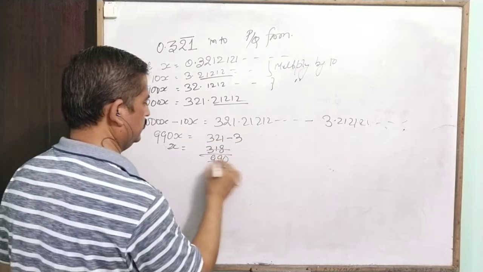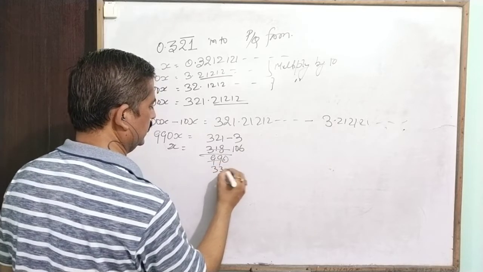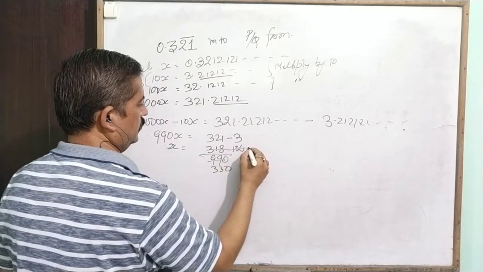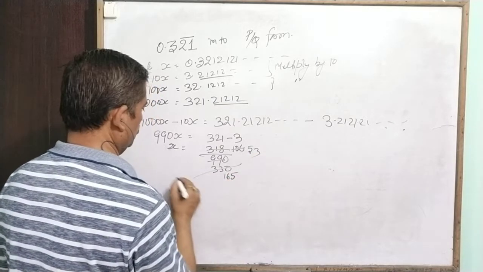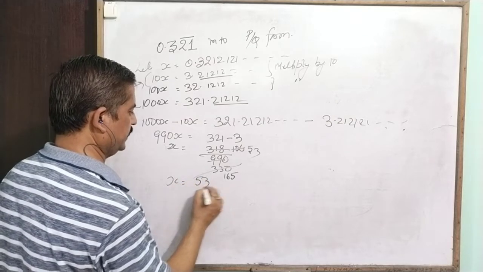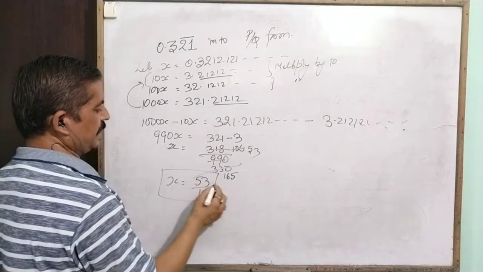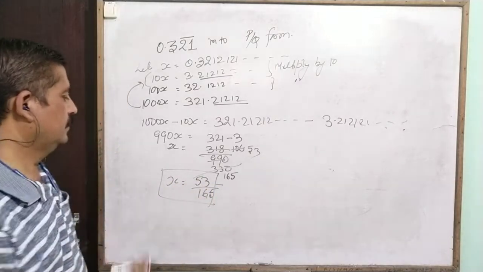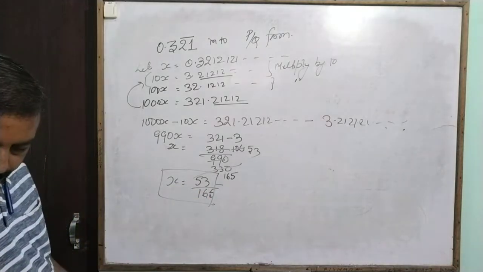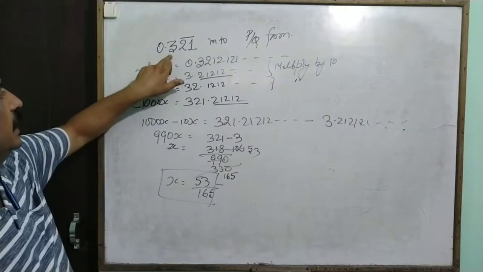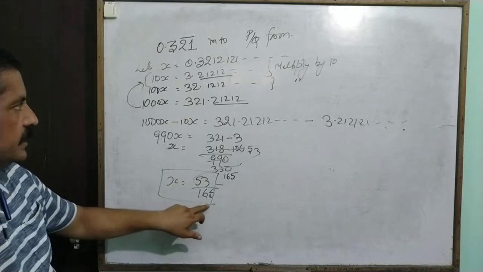You just divide it: 3 ones are 3, 0, 6, 3, 3, 0, 53, 1, 6, 5. So x is equal to 53 divided by 165. Means the fraction is 53 by 165, so the value of 0.321 equals 53 divided by 165.